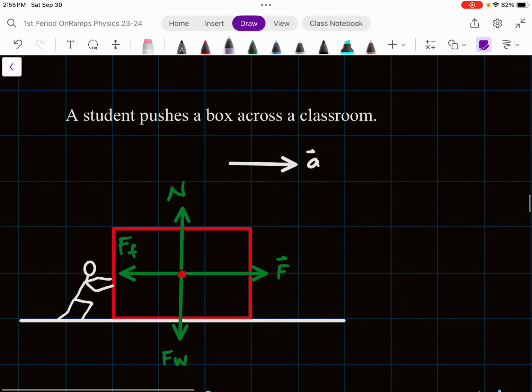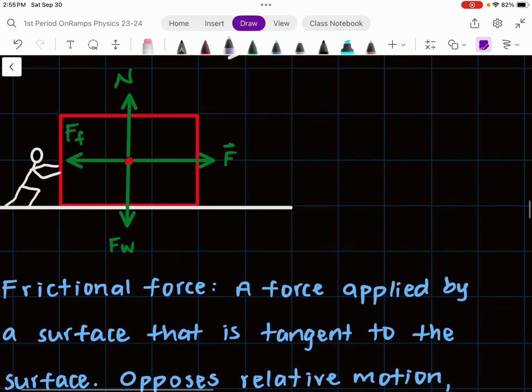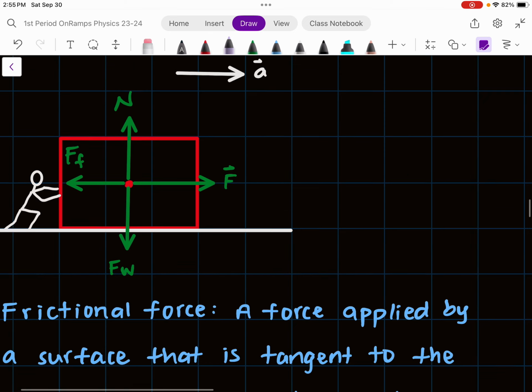Okay? Now, let's try the second one. A student pushes a box across a classroom. For this one, I didn't notice I didn't draw the free body diagram, but we would just have to recreate these four forces to the side. Let me do that.